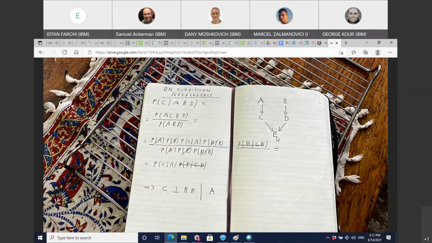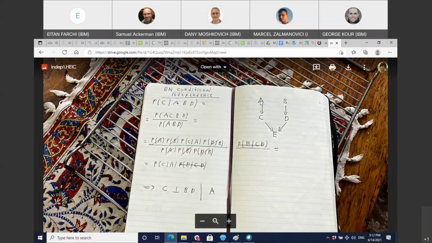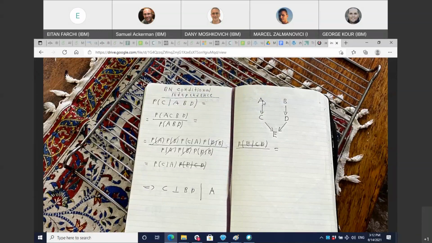So let me talk about A, B, C, D, and E being binary variables, they have two values. Then how many probabilities? For A, I have two possible values, and I need just one number, one probability, to model A. So the table associated with A has one entry.